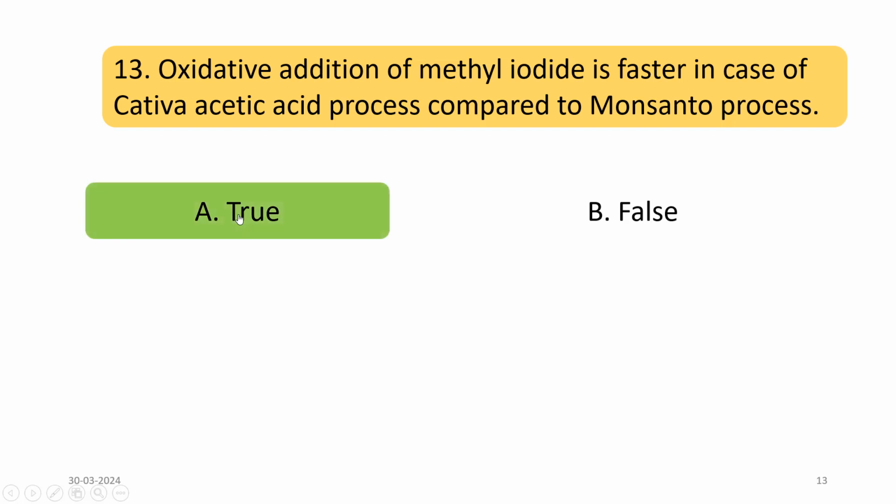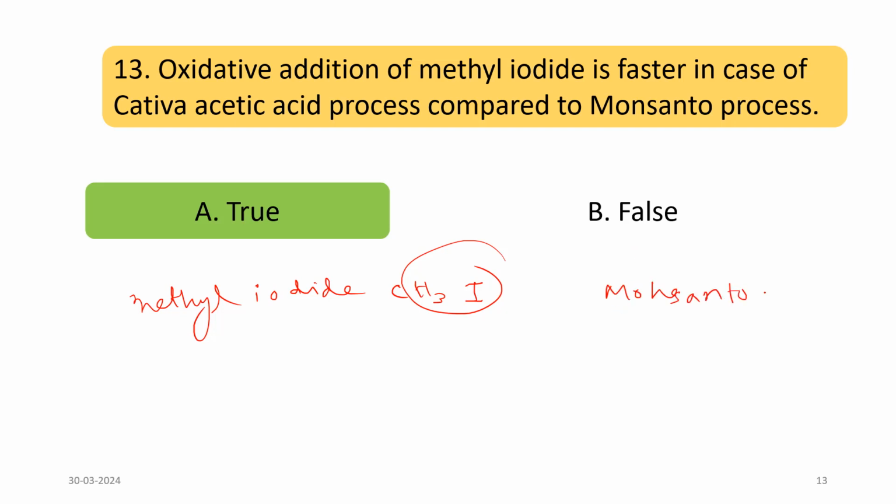Okay, because methyl iodide, that is CH3I, is the chemical which makes a complex with the catalyst. In the Monsanto process the catalyst is rhodium based, but in the Cativa process it is iridium based, right?